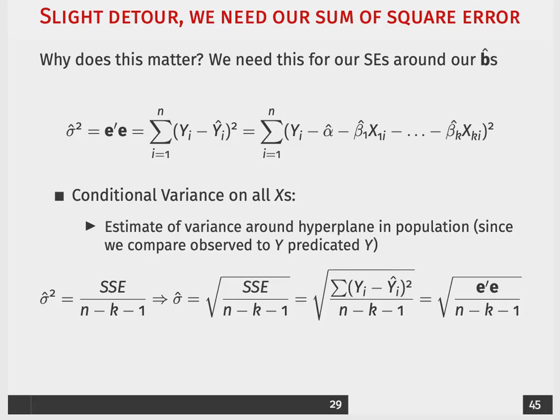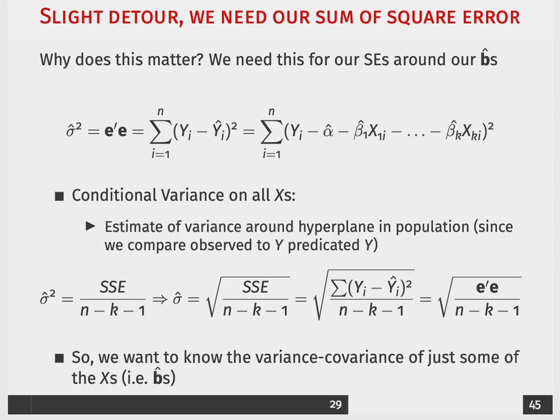And so we're going to adjust our equation just slightly so that our estimate of the variance is the sum of squared errors over n minus k minus 1, where k is the number of covariates. And our estimate of sigma is just going to be the square root of that, where again, in the numerator, we have the sum of our squared errors.